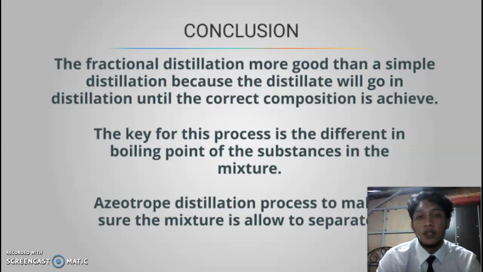The key factor of this process is the different boiling points in the mixture. The first step is that we must know the boiling points of the mixture before we can use this distillation process. Then the azeotropic distillation process makes sure the mixture is able to be separated. If the mixture is not azeotropic, it is not possible to separate it by this process.